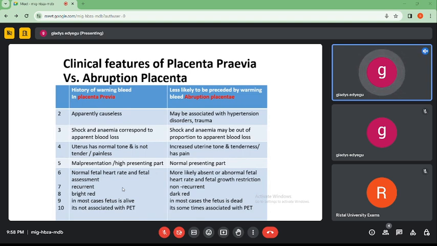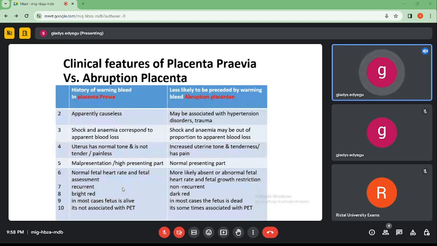History of warning bleed: in placenta previa it can occur. You can see some slight drop of blood and you start suspecting placenta previa. In abruptio placenta, it is less likely to be preceded by a warning bleed.